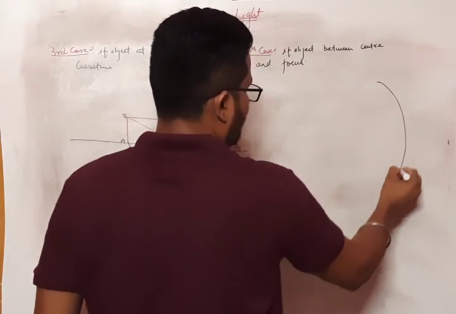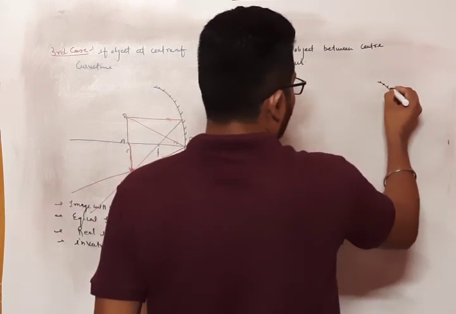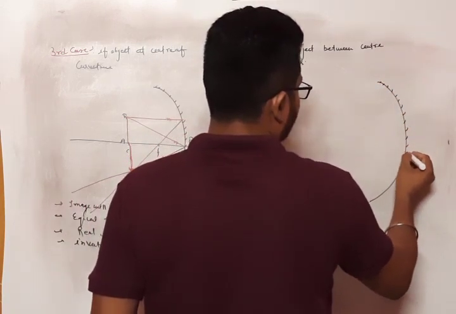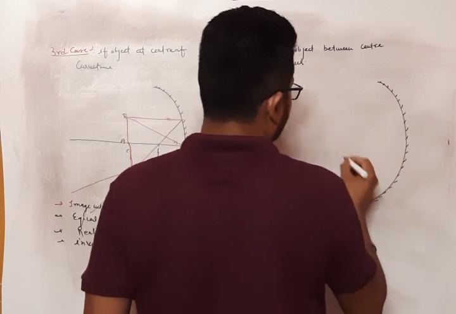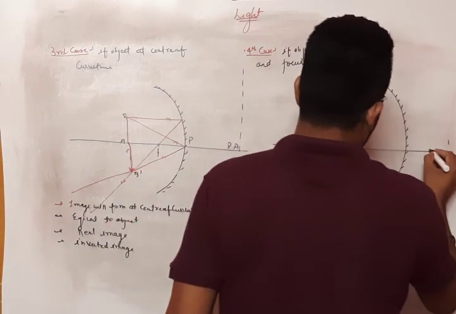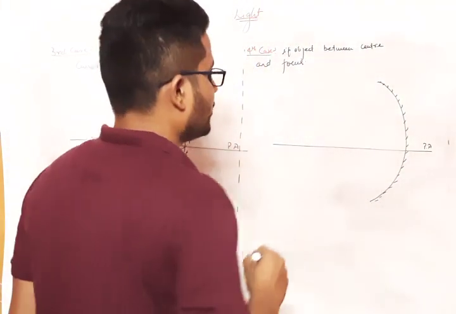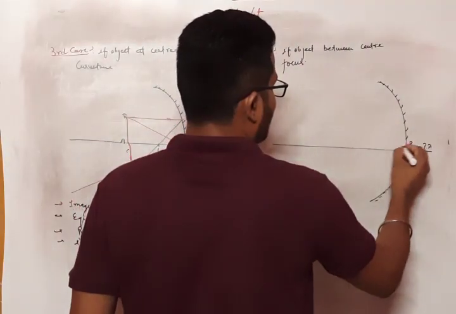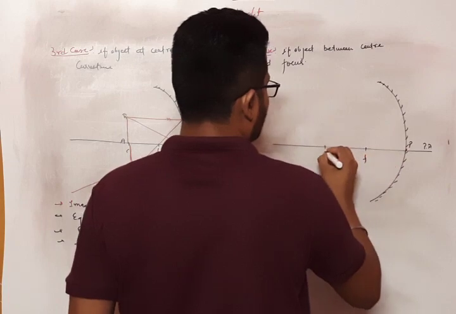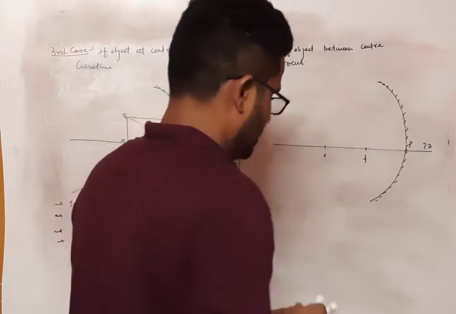So what will be the scenario? First of all, draw the concave mirror. This is the polished side and this is the principal axis. Okay beta, so here this is the pole, this is the focus, this is the center of curvature.